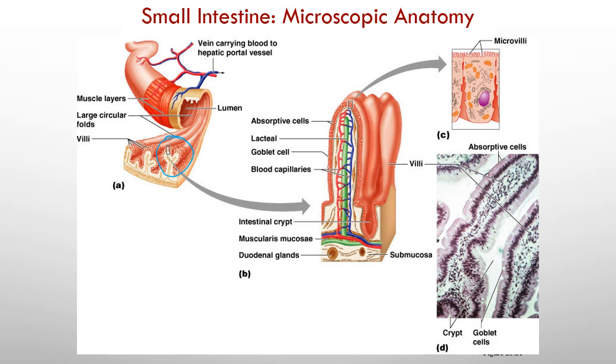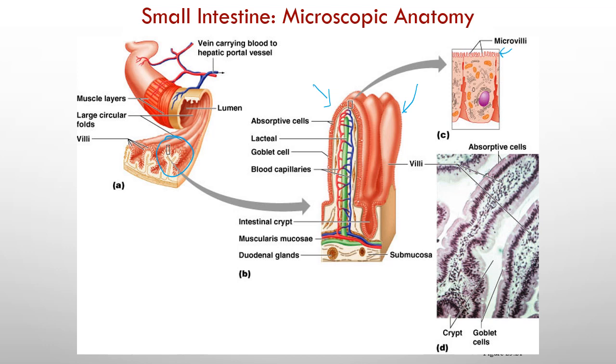On those plica circularis, we then have villi. All of these little fingers here are the villi. And then on the surface of the individual columnar cells, we then have microvilli. All of this is about increasing the surface area so that we can do absorption.